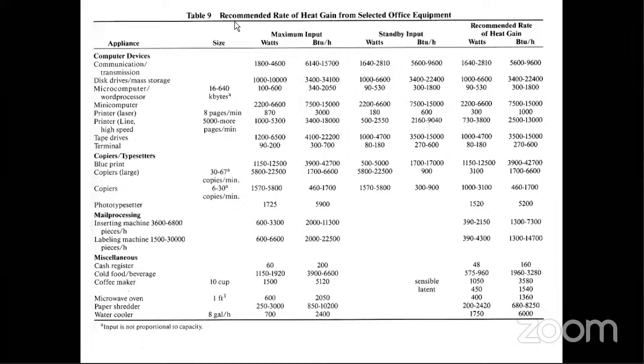This slide which you are seeing here is from ASHRAE, wherein you can see for office appliances, say computers and different devices, you can find the power input and the recommended rate of heat gain. Similarly, we also have for kitchen equipment.